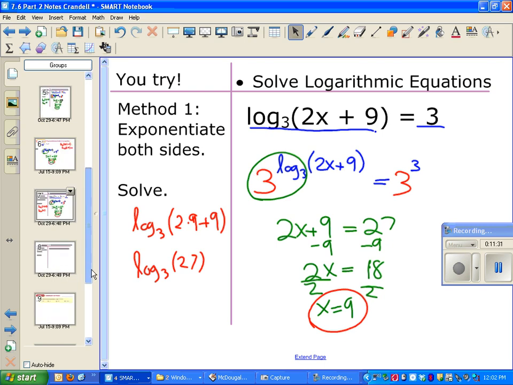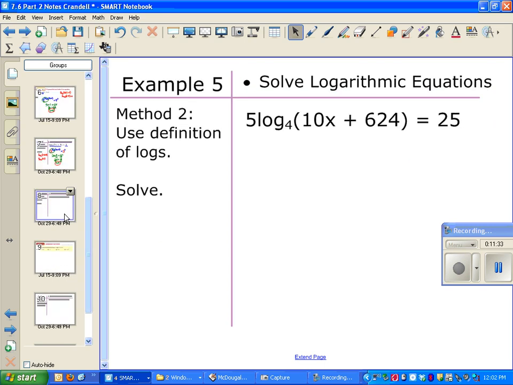All right, we have one more tweak, and then you guys should be okay. Actually, well, a couple more tweaks. All right, write this down. And then we need to get the log base 4 by itself before we exponentiate it. So what do we need to do to get log base 4 of 10x plus 624 by itself? Good, divide by 5. So let's divide by 5.